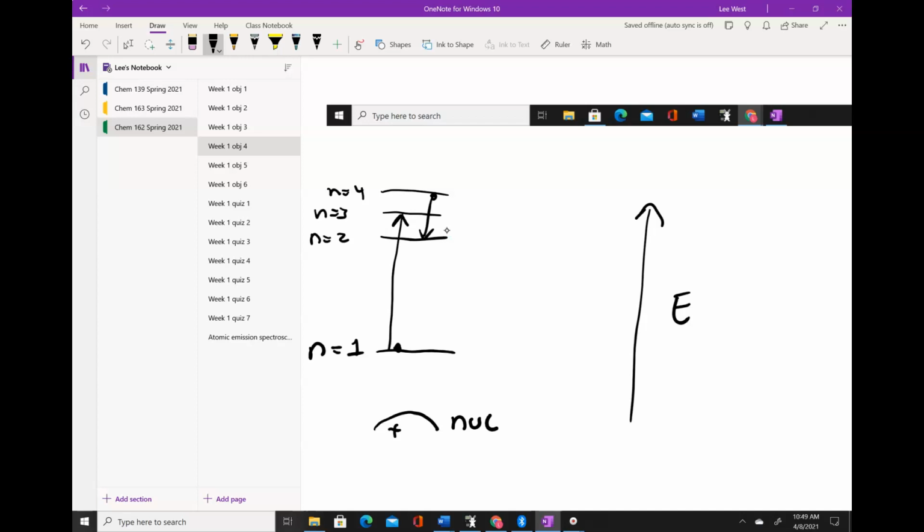Okay, there's another way of labeling them, and that's with different names. We call the lowest level the ground state, and then anything that's above the ground state is labeled as being an excited state.